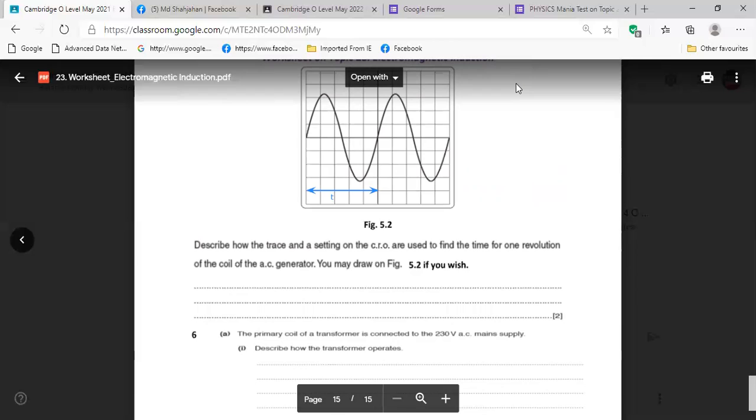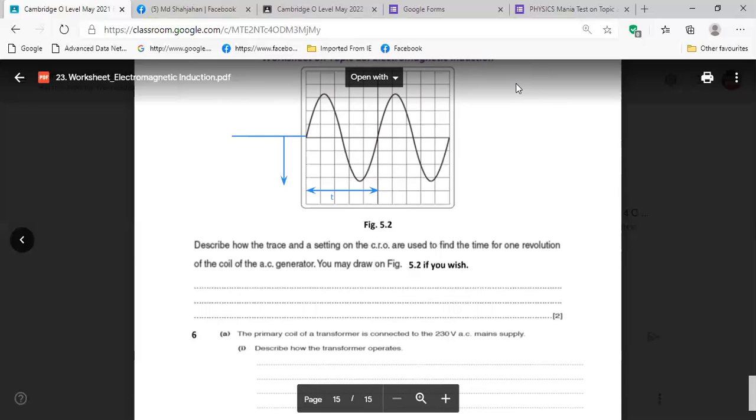I gave it like this for time t. Yes, Karim, you got this description, right? How to calculate it.